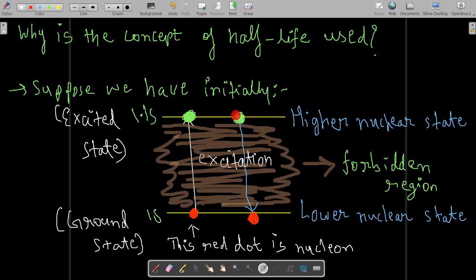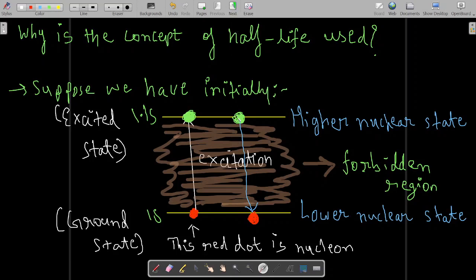Some of them might return 0.1 second after excitation, some might return 0.2 second after excitation. All of them will return after different times.